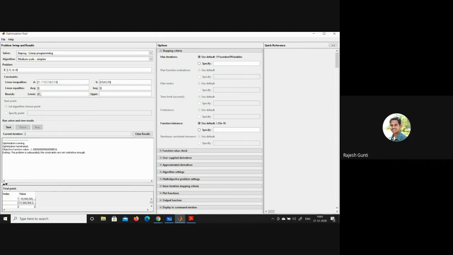So lower bound constraints, whenever we take an LPP, x1 greater than or equal to 0, x2 greater than or equal to 0, x3 greater than or equal to 0. So the lower bounds, we should be very careful. We have to mention the lower bounds. Okay, here I am taking minus 1 0 0; 0 minus 1 0; 0 0 minus 1.